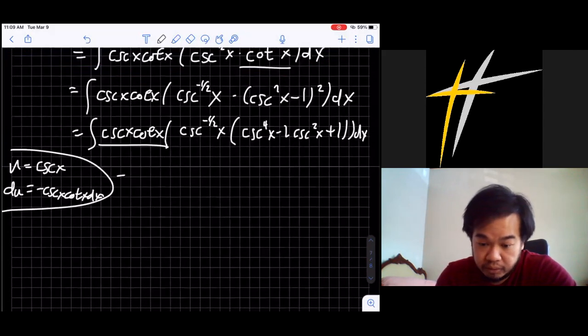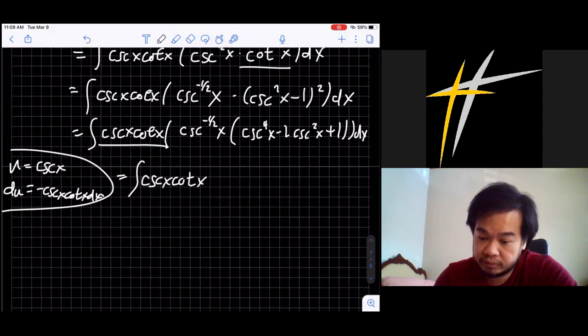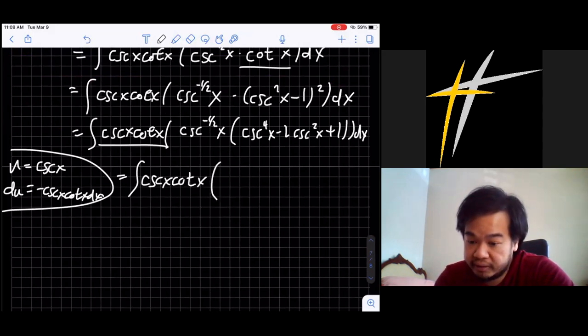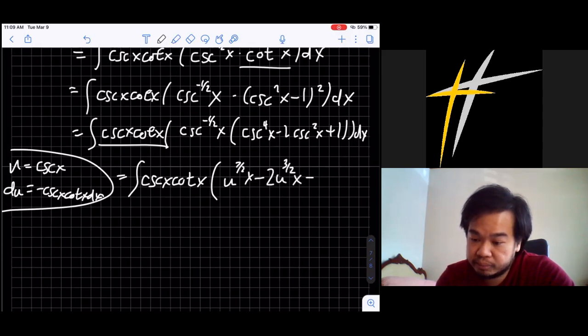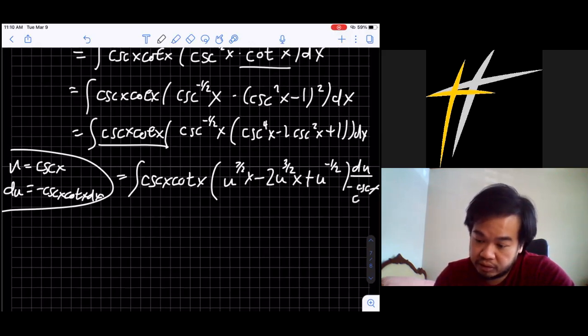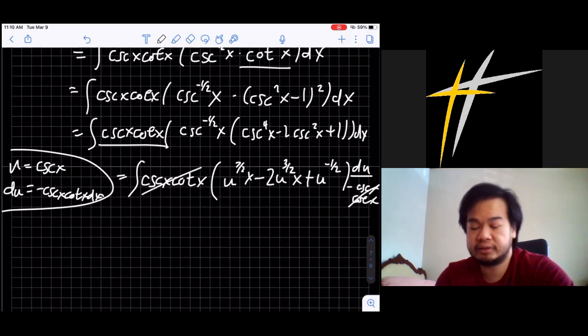So then it will be equal to integral of cosecant x cotangent x multiplied by, distributive, so it's u power of 7 over 2 minus 2 u power of 3 over 2 plus u power of negative half, and then du over negative cosecant x cotangent x. This one is cancelled. Yeah, so that's why you separate the cosecant x cotangent x in the beginning.